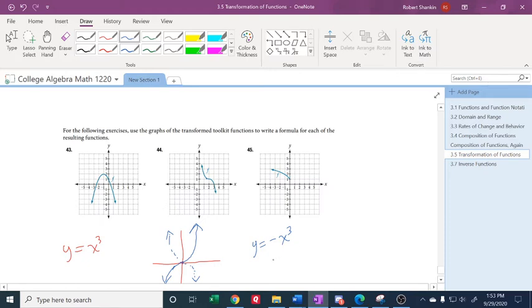So to move it 1.5 to the right, you replace x with x. Now, to move to the right, you have to use the opposite sign, minus 1.5, cubed. And then, to move it up 1, you go like this. Brianna, does that answer your question?